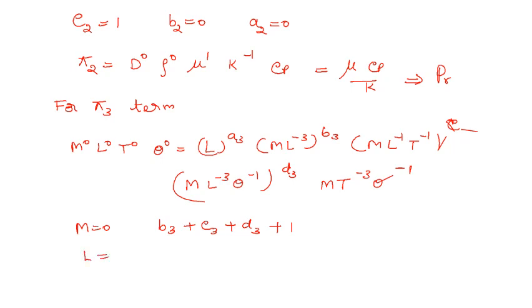L is equal to 0 will become a3 minus 3 d3 minus c3 plus d3, and for T is equal to 0, this will become minus c3 minus 3 d3 minus 3, and for theta is equal to 0, we get minus d3 minus 1.